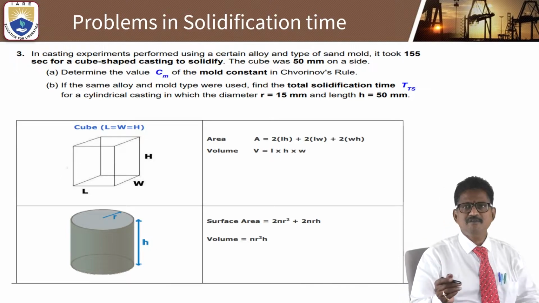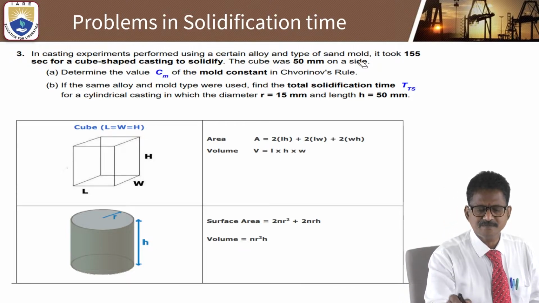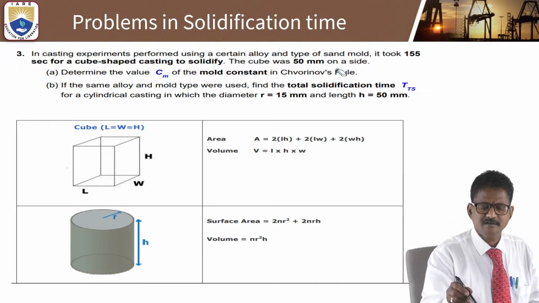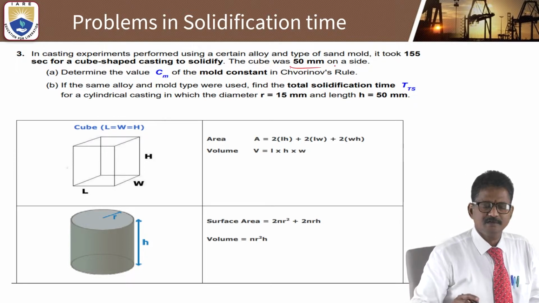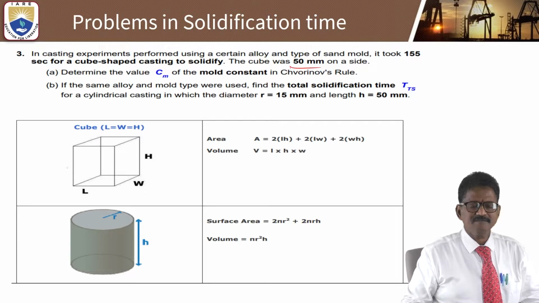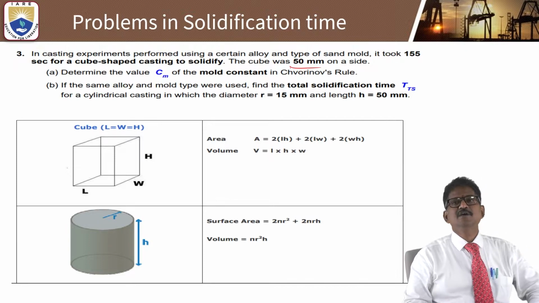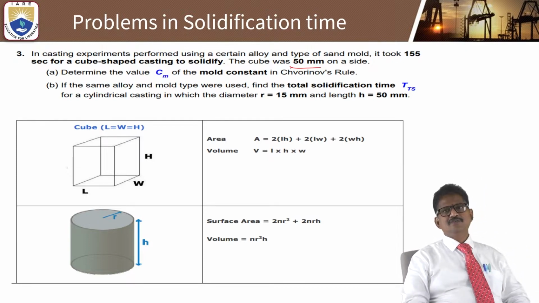The cube was 50 mm on a side, and determine the value of Cm, which is called the mold constant, in Chvorinov's rule.